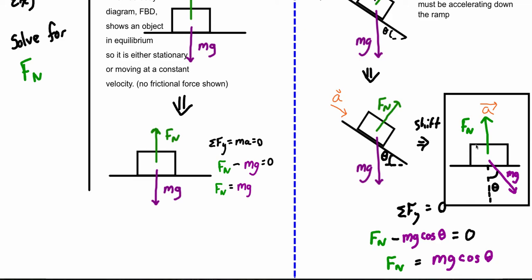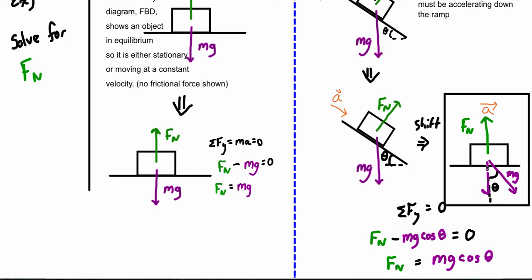Since F of n is just going straight up, my normal force is vertical, so I'm going to give it a positive. And for my mg, I only want the component that is in the vertical, the y direction. So I'm going to find out what this component right here of the force of gravity is.